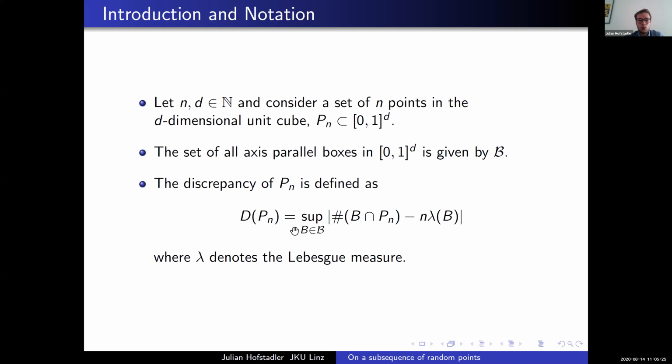So what does discrepancy do? Basically, we look at an axis parallel box and count how many points are in this box, and then we subtract the number of total points times the Lebesgue measure of this box. And if we take the supremum over all axis parallel boxes, we get the discrepancy.